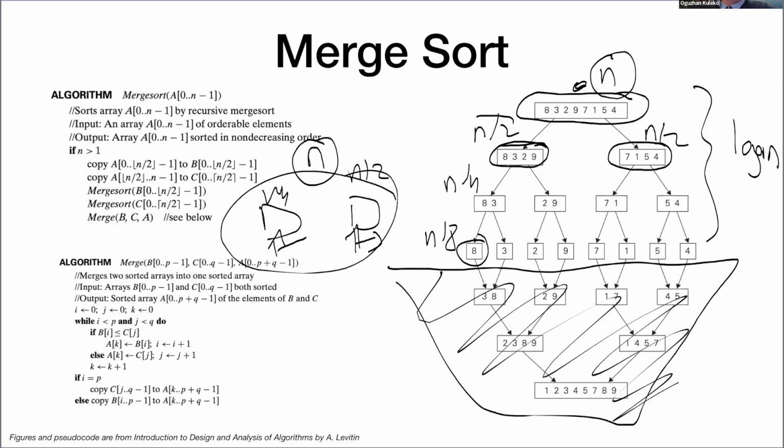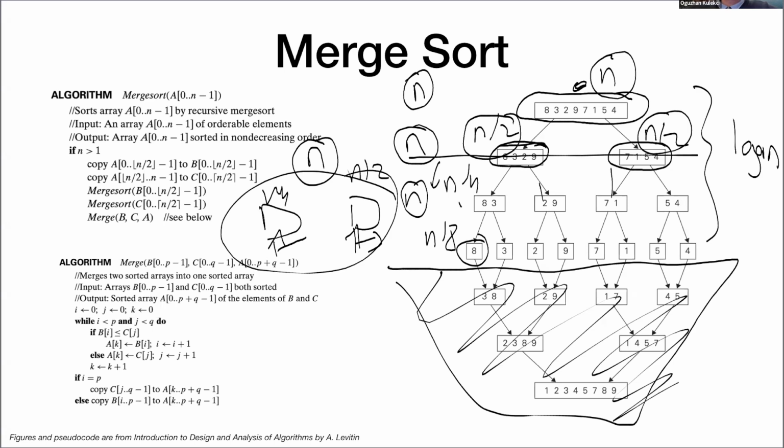Similarly, I will need n over 2 here, n over 2 here. And then at this level, again, n over 2 plus n over 2, I will need n comparisons. Comparisons on the root and comparisons on the children of the root. And if you keep going, you will see at each level, n over 4, n over 4, n over 4, n over 4, you always have a load of n comparisons.